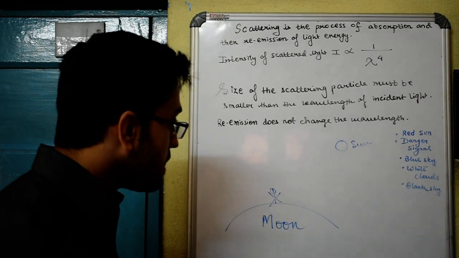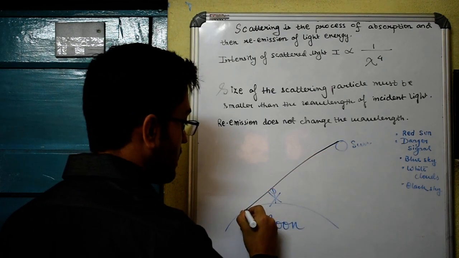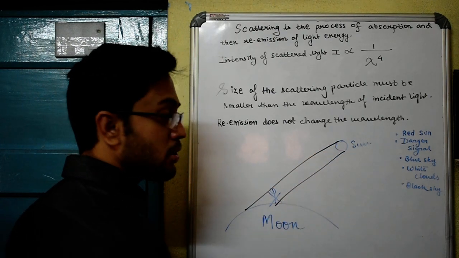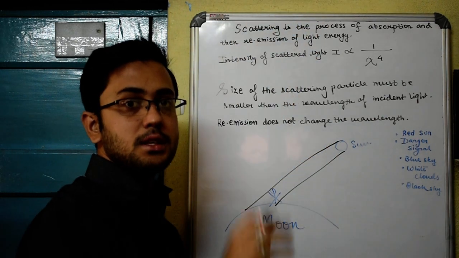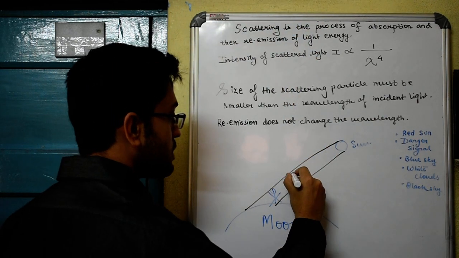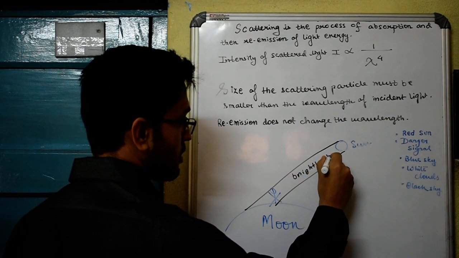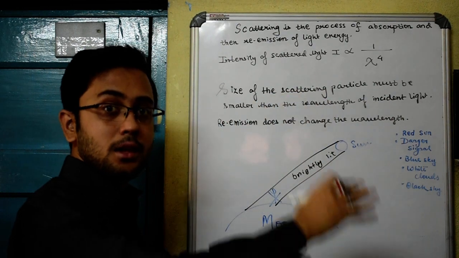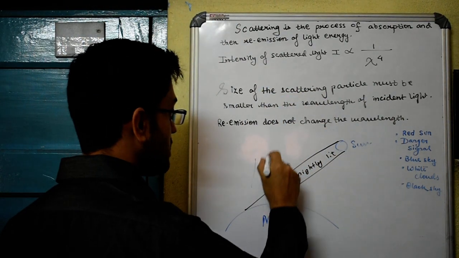What's the reason? On the moon, the light from the sun always travels in a straight line according to the rectilinear propagation. So the region in which the sun is present in the sky is brightly lit. But all the other regions, the regions in which the sun is not present, are black.